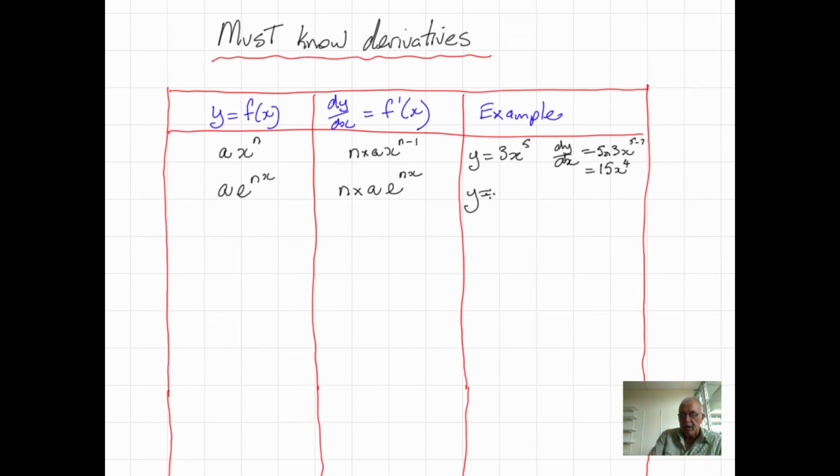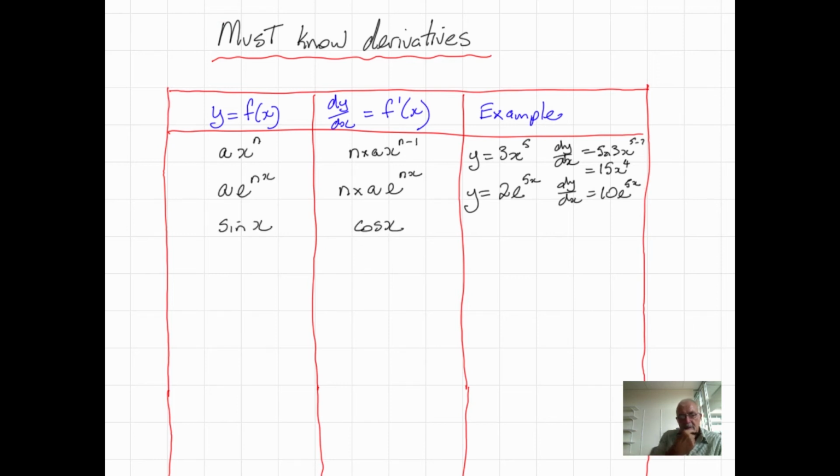So if y equals 2e to the 5x, then dy/dx, I won't do the intermediate step as I did up here: the 5 comes down, 5 times the coefficient 2 is 10, e, and it stays as the same power, so it'll be just to the 5x. Those two you need to know off by heart.